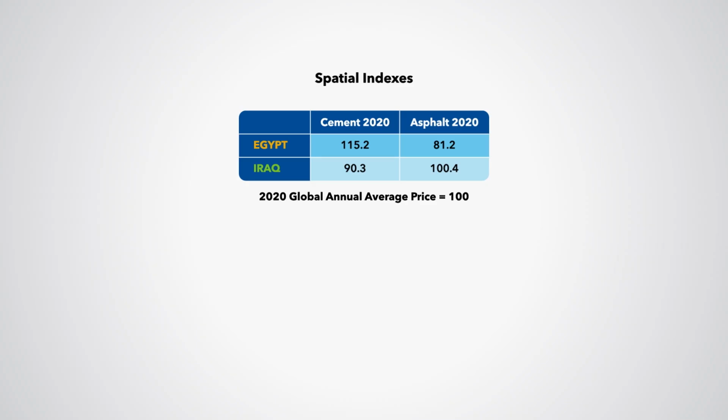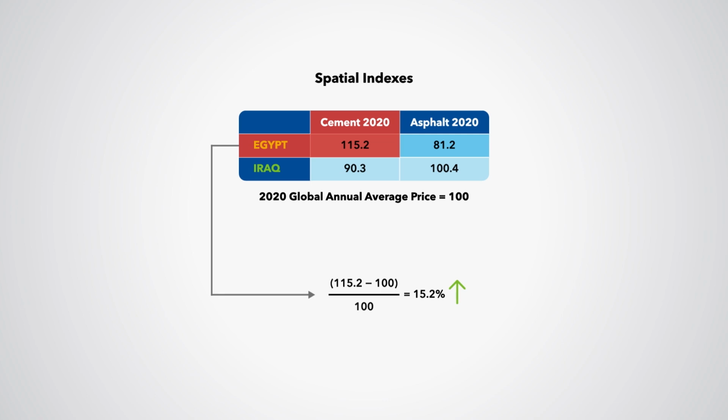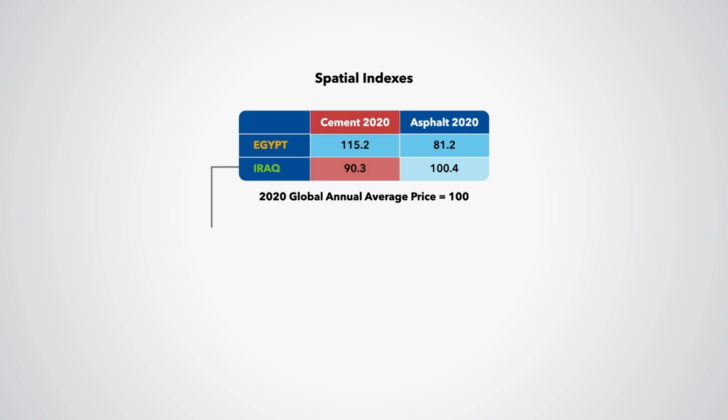These spatial indexes show that 2020 prices for cement purchased in Egypt were 15.2% greater than the global average price for cement in this year. They also show that 2020 prices for cement purchased in Iraq were 9.7% lower than the global average price for cement in this year.